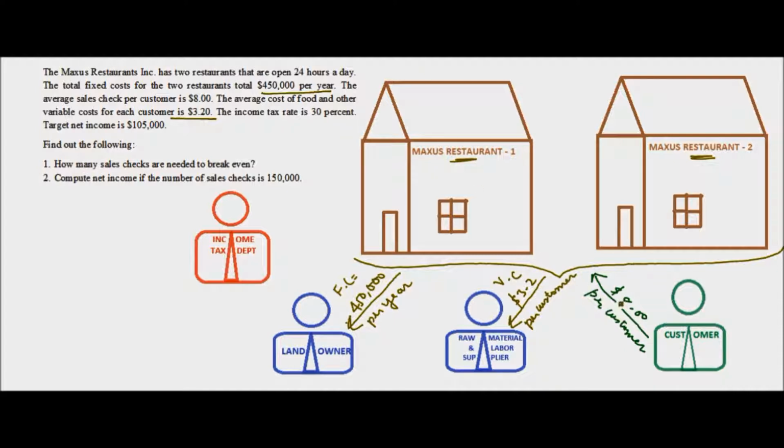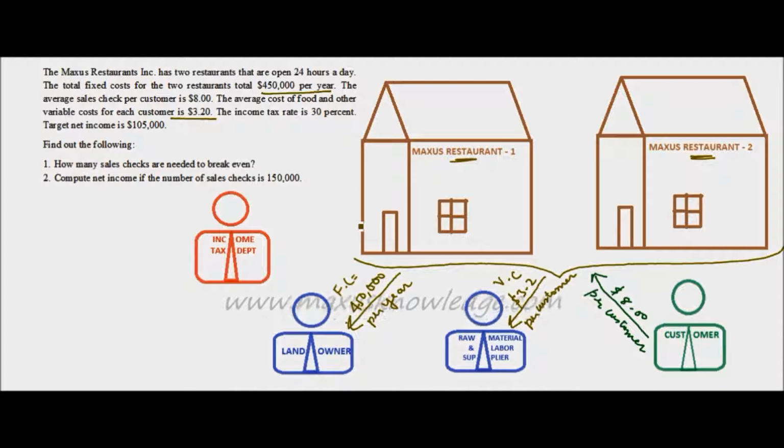So we have incoming funds, which is the sales price or the revenue, and we have outgoing funds, which are costs in terms of fixed cost and the variable cost. The net of this, that is the incoming funds minus the outgoing funds, gives the income for the restaurant company.